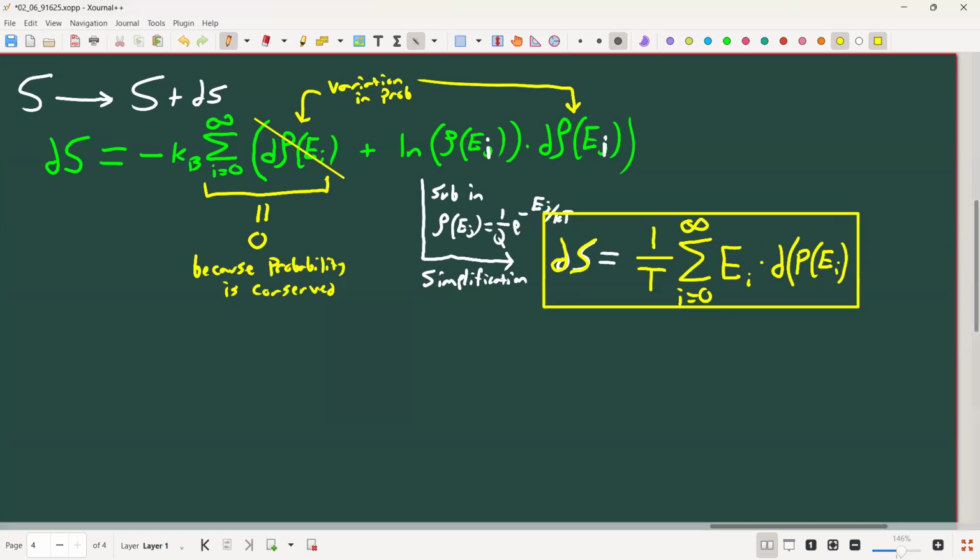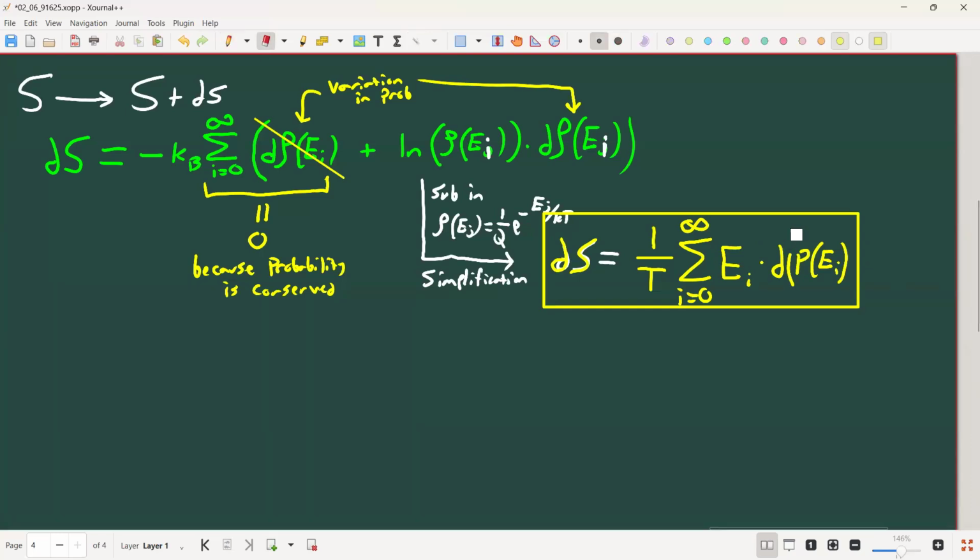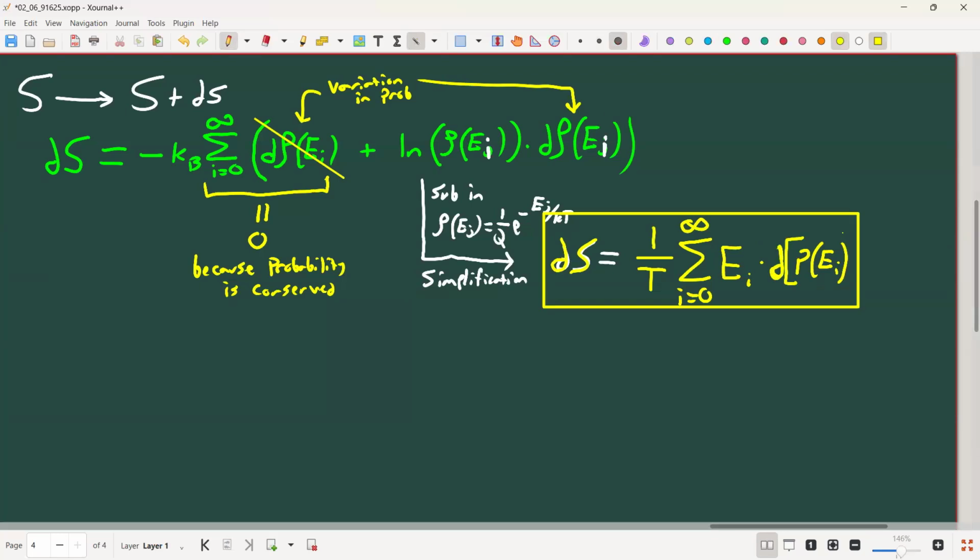Now let's break this equation down a little bit. I forgot a delta. Let me clean this up. I'll call this d, and then I'll put this in brackets. So the change in entropy again has some information about the temperature. It has some information about the available energies that you can choose.